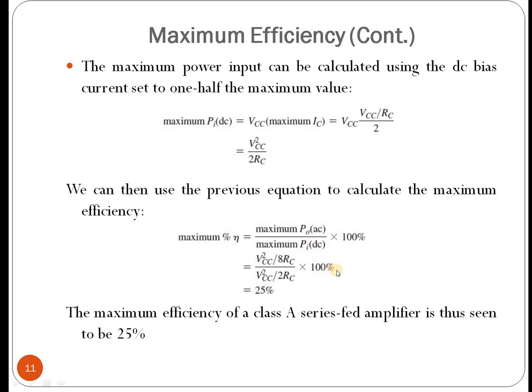If we put in the values of output power and input power, we get 25%. Previously you know that the maximum efficiency of a class A series amplifier was 25%, and through these equations it is proved that 25% is possible.